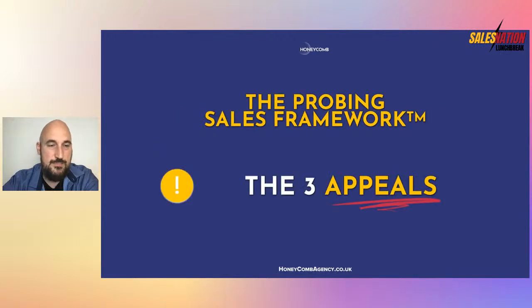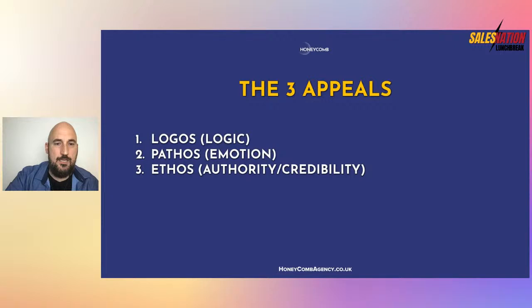Next, the 3 appeals. If you're a little bit into communication, into psychology, you might have heard of the 3 appeals. Now, what are the 3 appeals? You probably have heard of logos, pathos, and ethos.